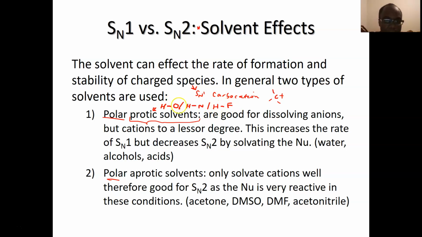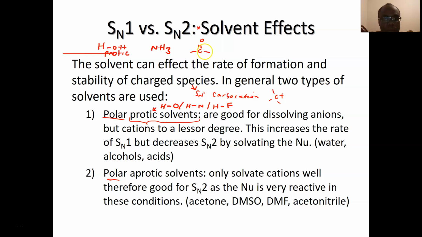In any molecule where you have H bonded to oxygen, nitrogen, or fluorine, those solvents will be protic. An example is water. You see how the hydrogens are bonded to oxygen, so this is protic. Obviously it's polar, but we are now saying it's protic. Ammonia is also expected to be protic because the hydrogens are bonded to nitrogen.